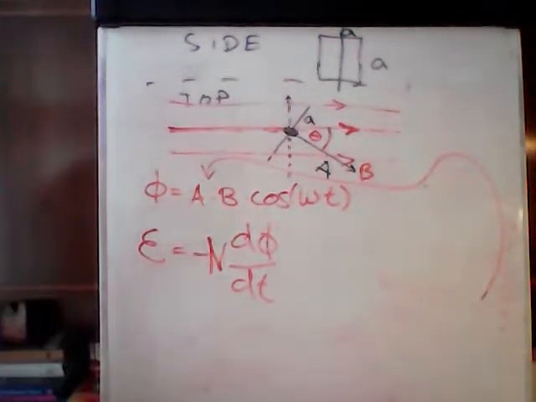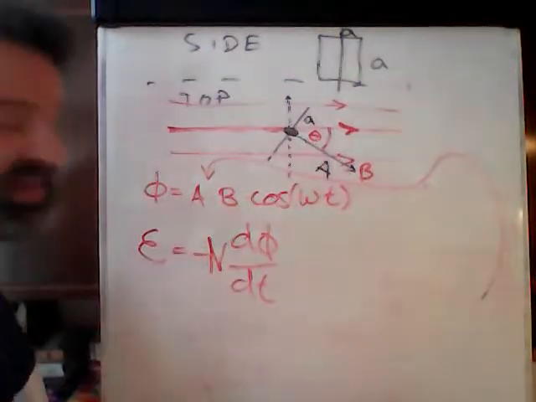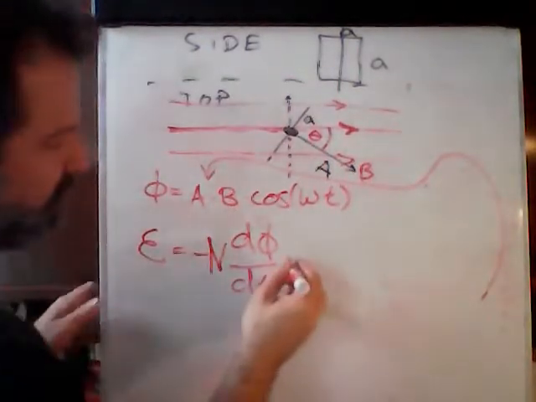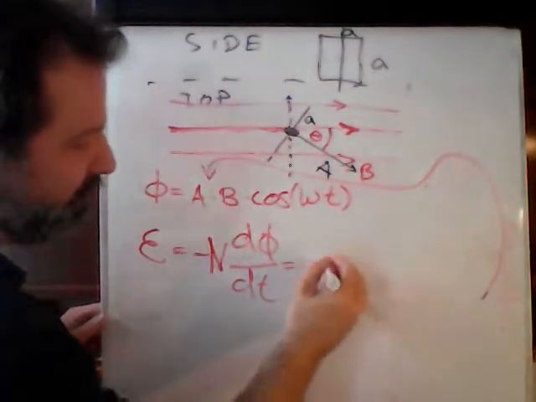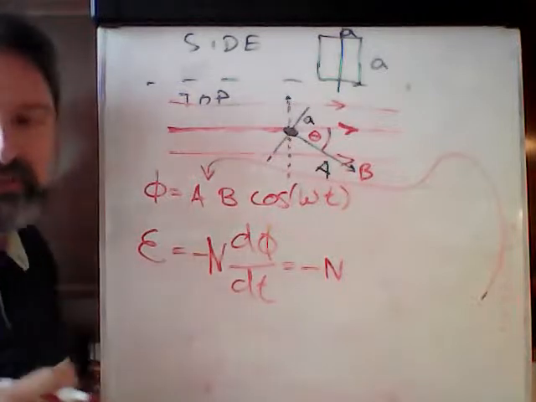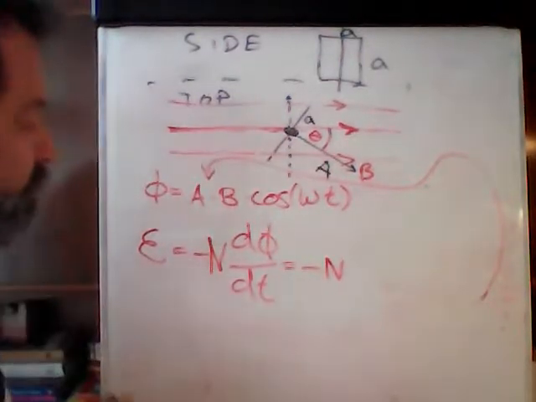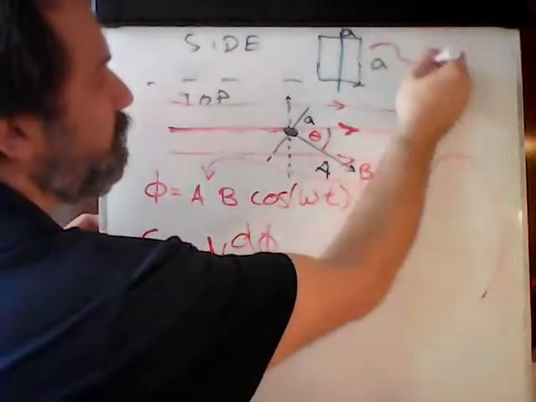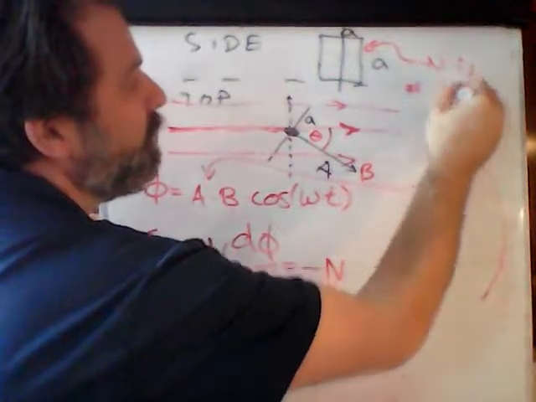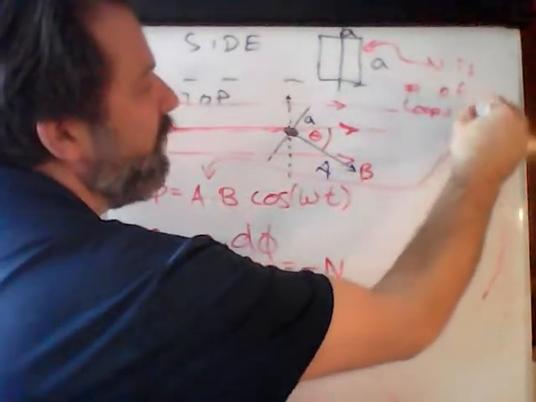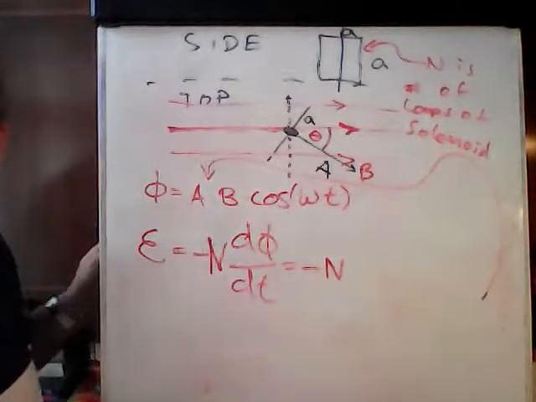Okay, so we can look at phi here, and we can take that derivative, pretty straightforward. And we can say, okay, if we take the derivative, let's leave the minus sign in here, remembering the minus sign is really just a reminder of Lenz's law. N is the number of loops of the solenoid.